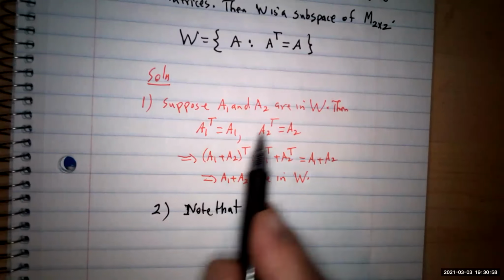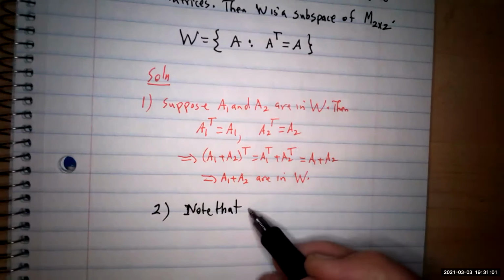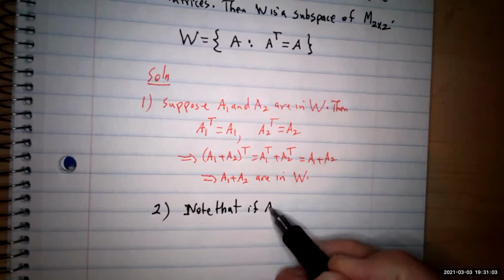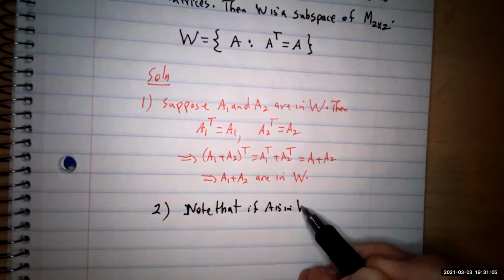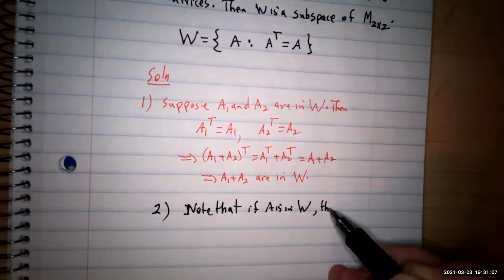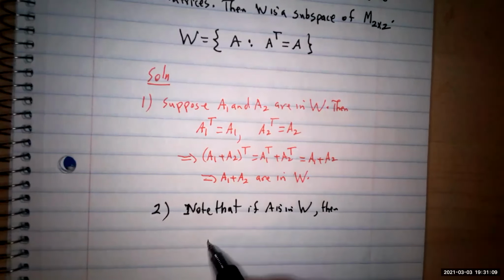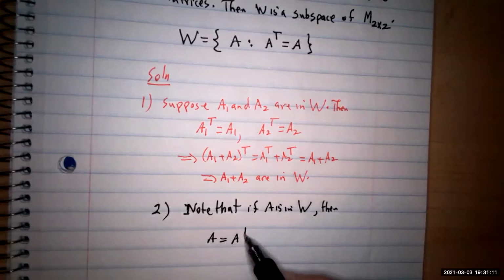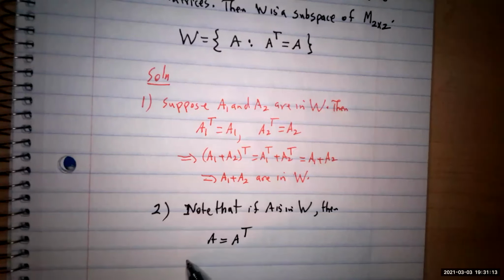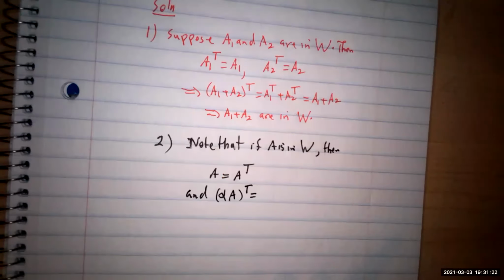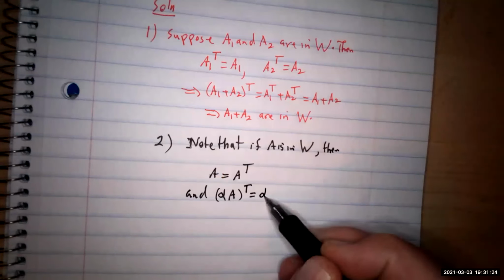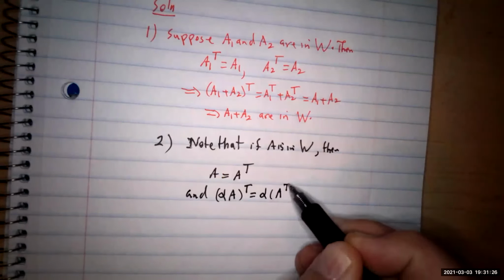If you just pick one of these members, if A is in W, then A is equal to A transpose. And you see, if you have alpha times A transpose, remember, this is alpha times A transpose.